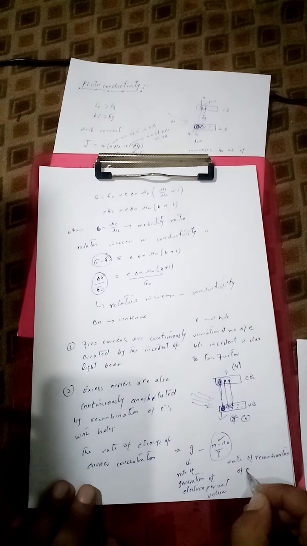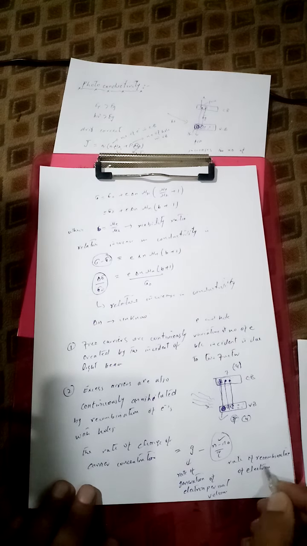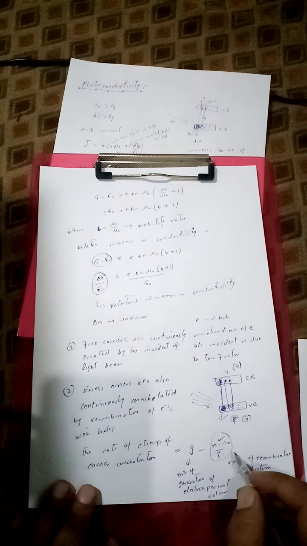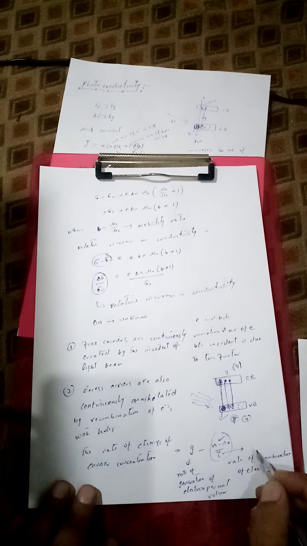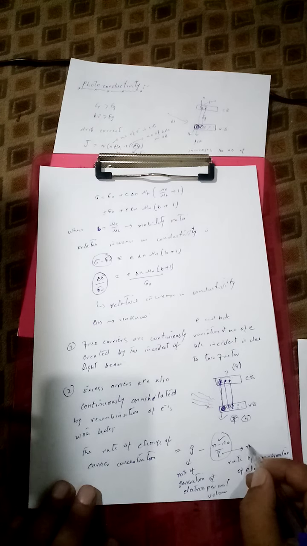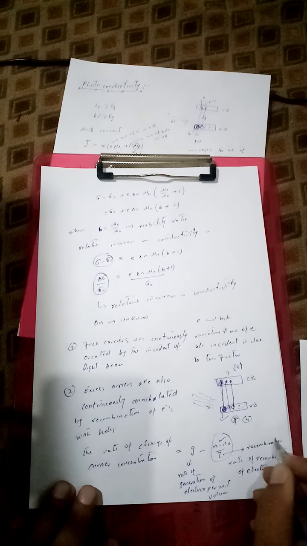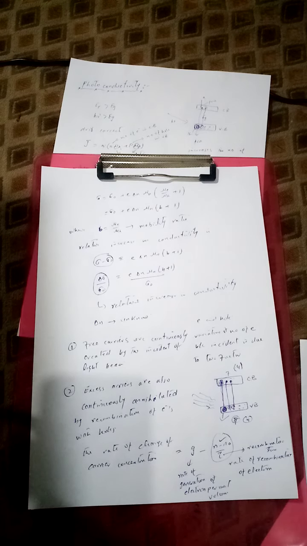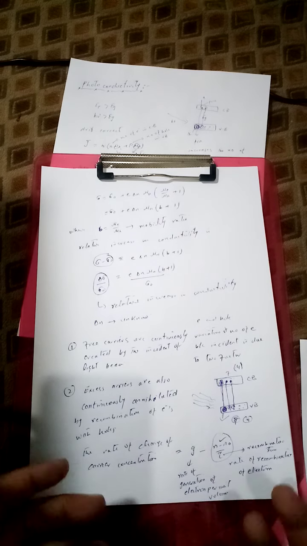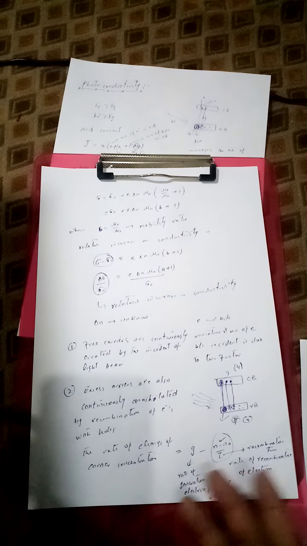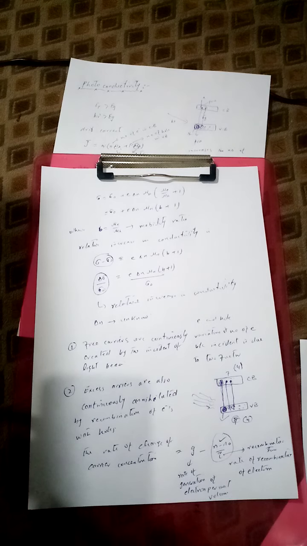And this tau is called the recombination time, which is basically the lifetime of free carriers in the conduction band or in the valence band.